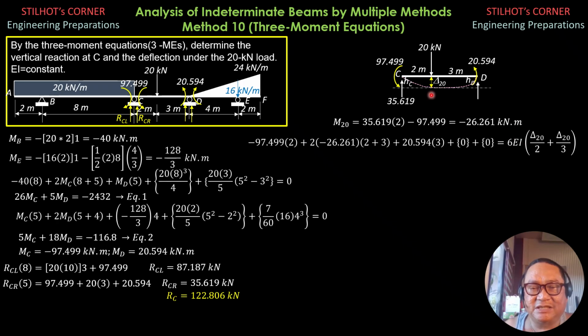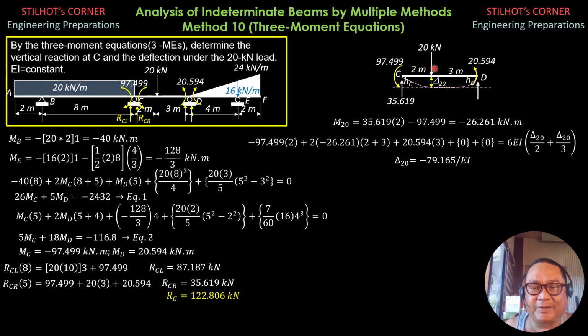So this is positive in this configuration, but the result is negative 79.165 over EI. So it means the actual elastic curve would be lying above CD. It's here.